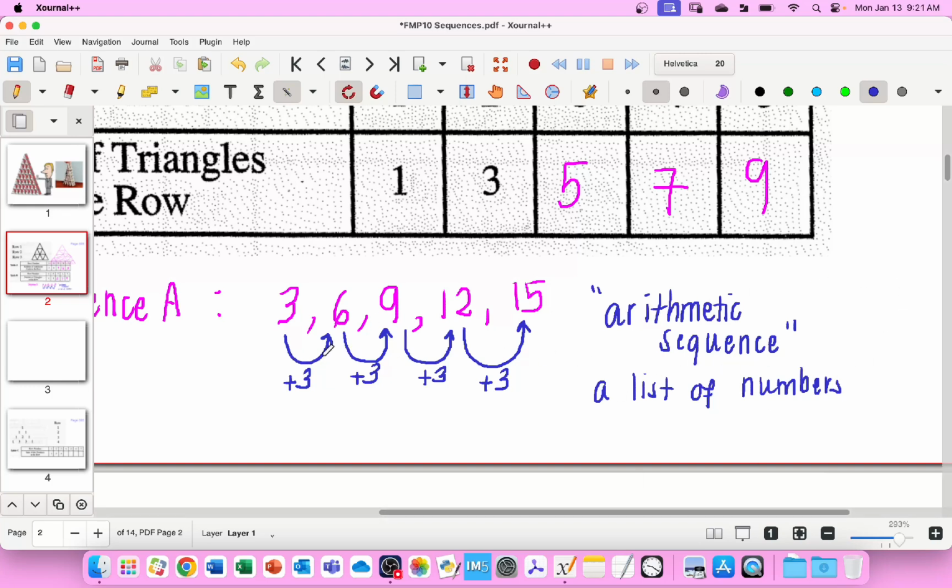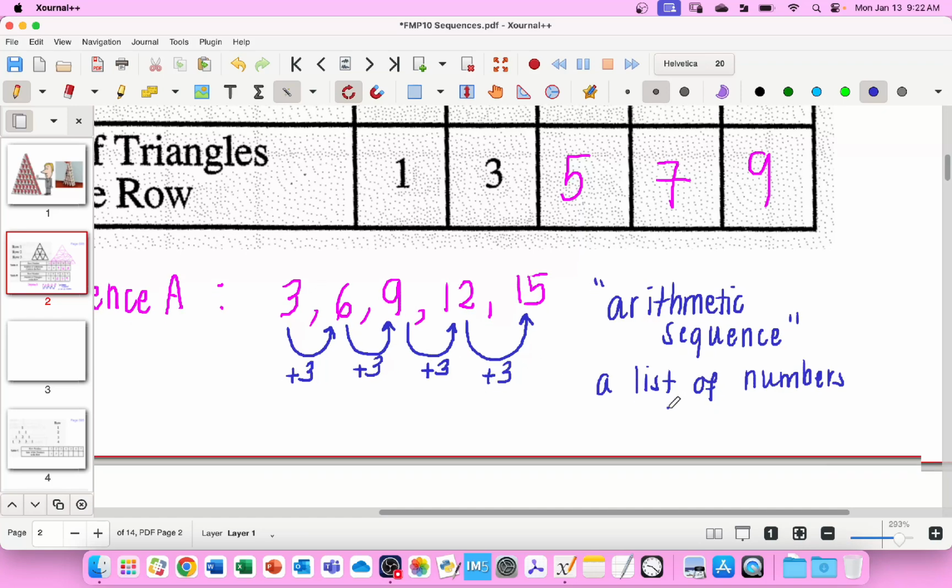And the main defining characteristic for the arithmetic sequence is that it's increasing or decreasing by the same amount to get to the next term in the list.